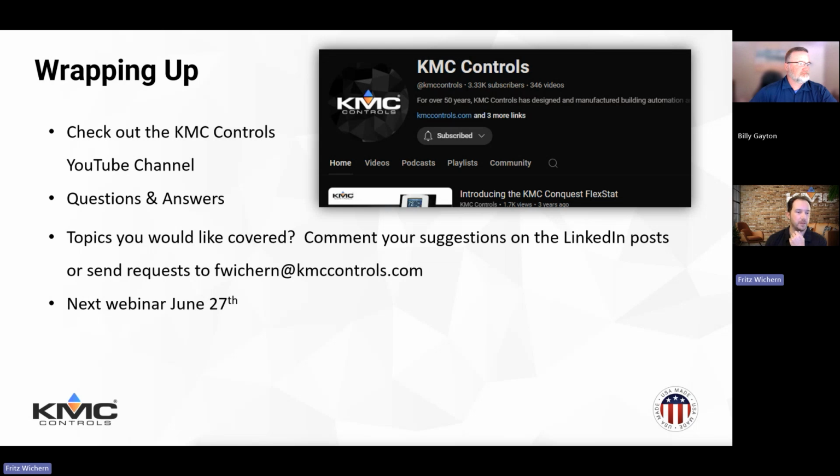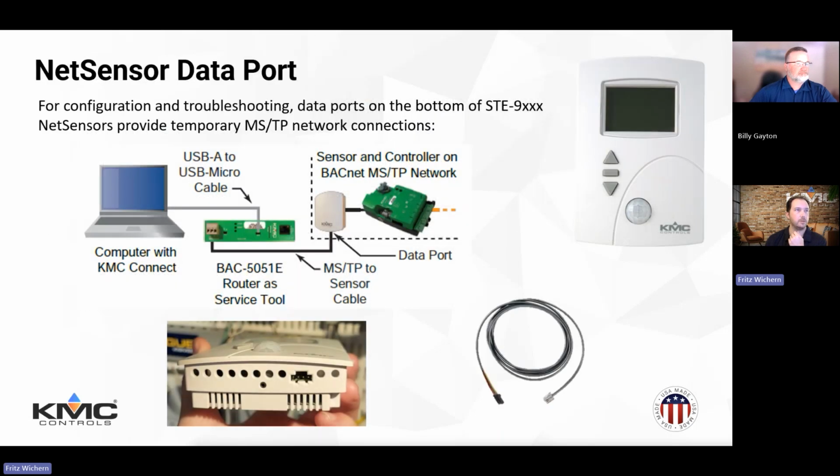That is correct. Yep. So there's a port on the bottom of the net sensor, and then some of the STE 6000 series, I believe it's a 6010, 6014, and 17 analog sensors, provide a temporary MSTP connection with that 4-pin cable.